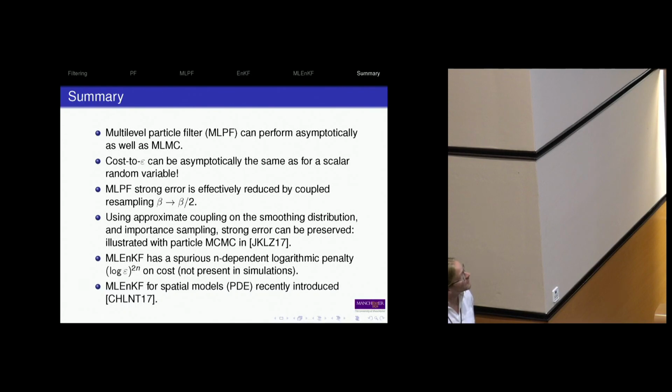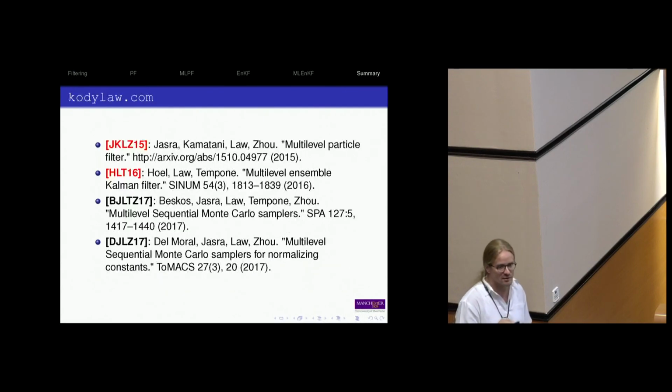We have what we believe is a spurious logarithmic penalty for the MLEnKF. We also looked at MLEnKF for spatial models recently, and in fact, it may be possible with alternative couplings to get rid of this pesky log as well.